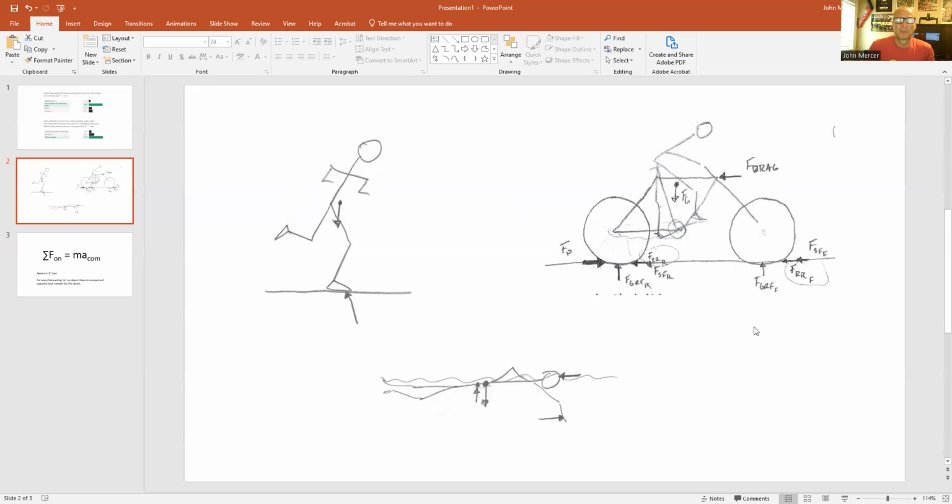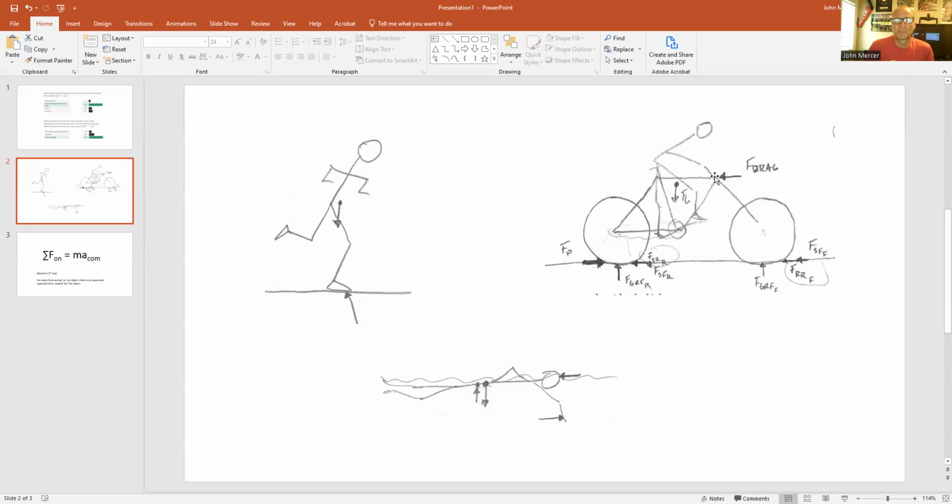This gets a little bit more complicated, but if you look at every one of these forces, they are all forces acting on the bike rider system, not forces acting by or created by the object. Drag force, the force of air pushing on the bike rider, well, that means the bike rider is pushing on the air particles.